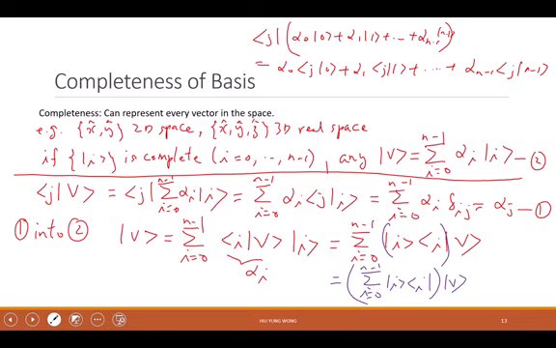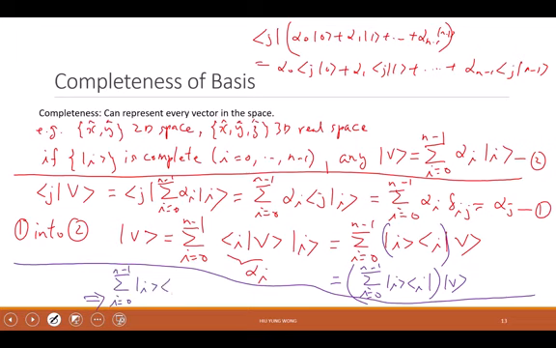Okay? So if your basis is complete, then finally we have this very important equation. The summation over i equal to 0 to n minus 1 of |i><i| is just the identity.